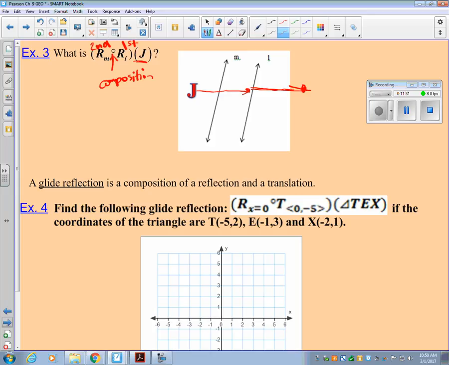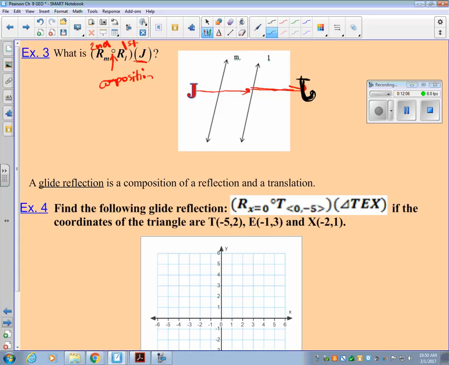So we reflect it across line L first. The fun part is trying to draw this reflection. J's little tail was to the left, now our little tail has to be to the right, because we're reflecting it. It's like when you take a selfie and the writing on your shirt is backwards.